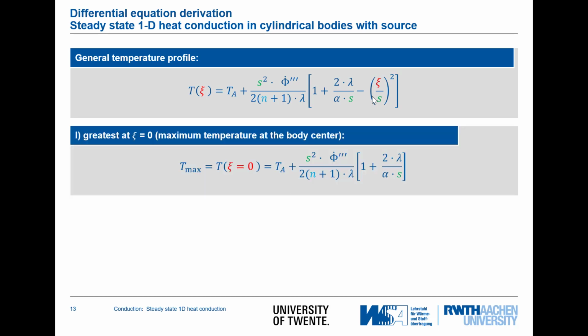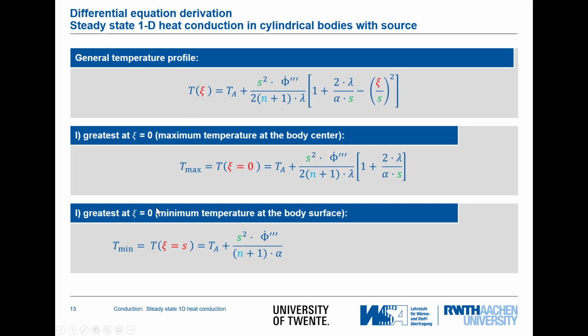Where is the largest temperature in our temperature profile? For that we look at the maximum temperature. We can identify that because this part reduces the temperature. We can put the parameter to 0 and we see that the maximum temperature is at the center, and for the minimum temperature we have to increase this value to the maximum, where those values here become 1 because the position is equal to s.